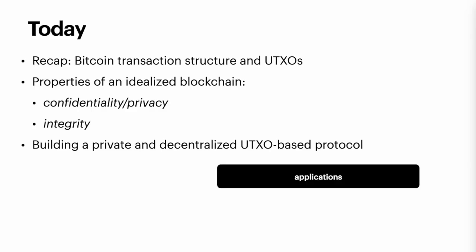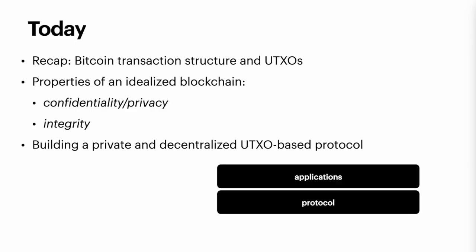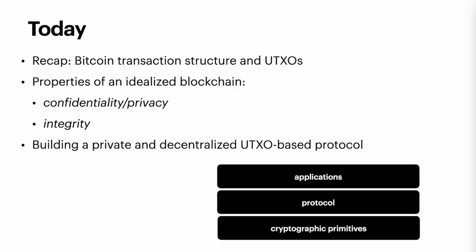So we build applications on top of a cryptographic protocol, which is in turn built using specific cryptographic primitives. So the protocol is kind of like a recipe. We're baking a cake and we're going to need some sugar for our cake, but we're not going to go into great detail on how to make the sugar. We're just going to get it from the store.